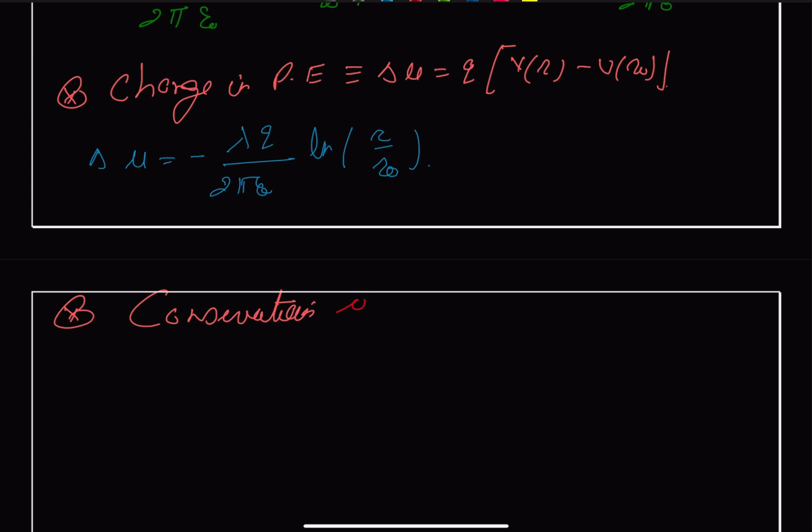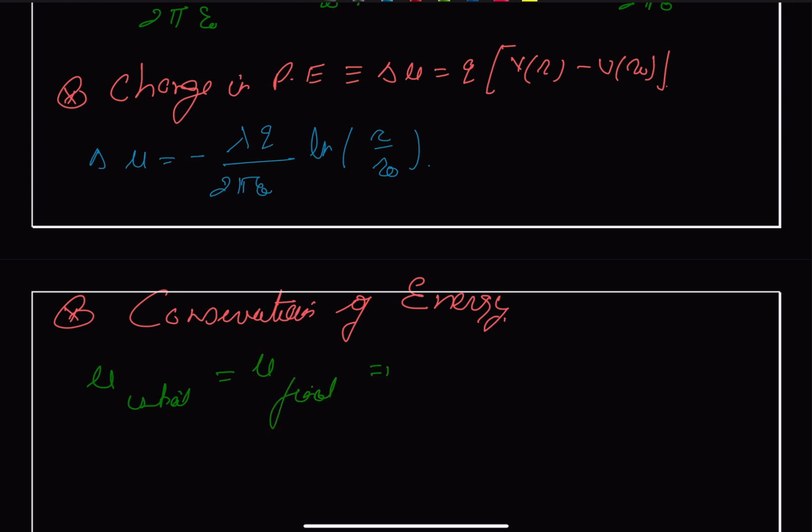Conservation of energy. We can say the total energy at A will be equal to the total energy at B. The initial energy, U initial, will be equal to U final.